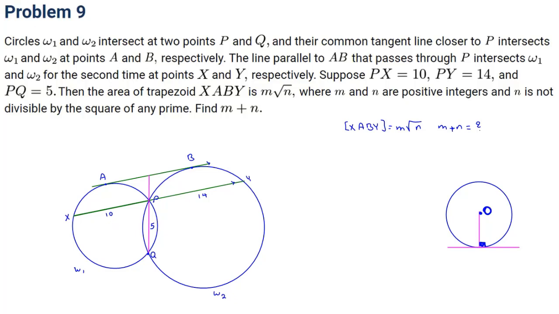Now here, if we consider O1, O2, and connect O1, it is 90 degrees. We can also conclude it is 90 degrees because these two lines, XY and AB, are parallel. In a circle, if a radius is perpendicular to a chord, then these two parts are equal.